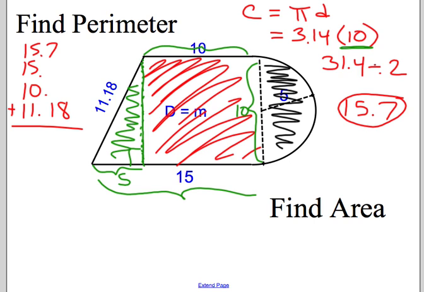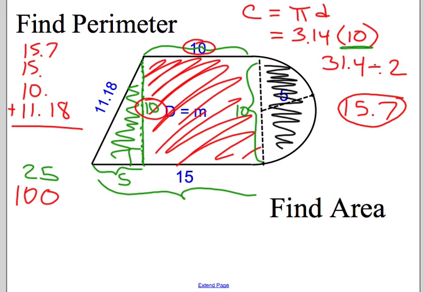So 5 times the height of 10 is 50. Then we divide that by 2. It gives us an area of 25. So the triangle has an area of 25. The rectangle, well, we have a 10 by 10, so it is a square. 10 times 10 is 100. That's pretty easy.